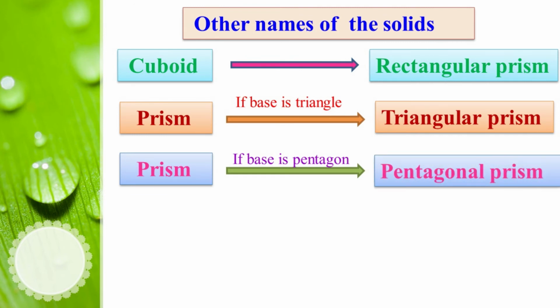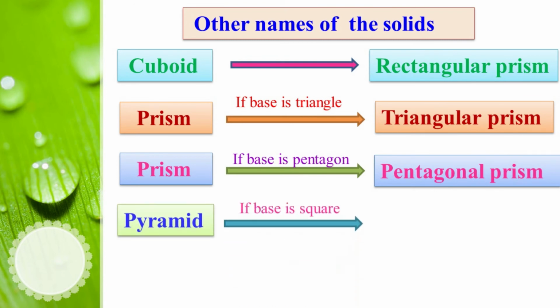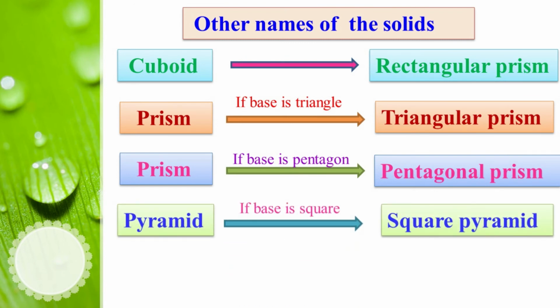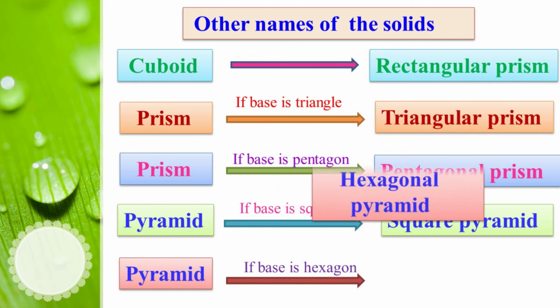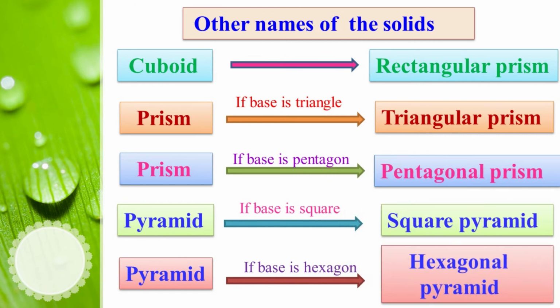Likewise, pyramids are also identified by the shape of their polygonal base. If the pyramid has a square base, then it is called a square pyramid. If the pyramid has a hexagonal base, then it is called a hexagonal pyramid.